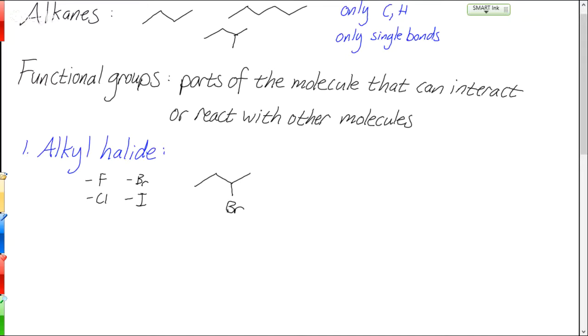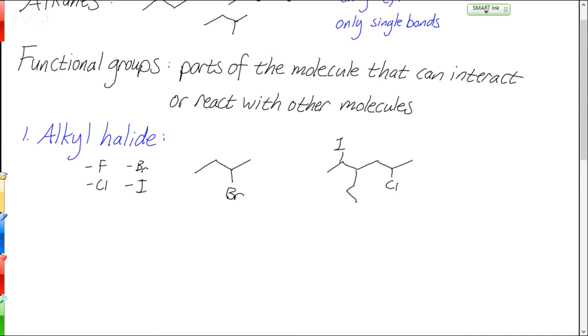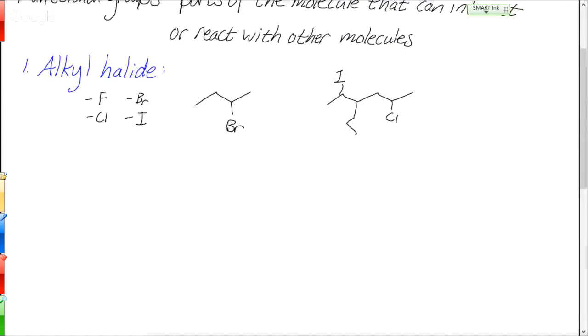And so that's why we call it a functional group. So if we looked at a molecule, even some big molecule, whatever we can draw, it might have things on it like this, and we call those alkyl halide functional groups, or halide functional groups.